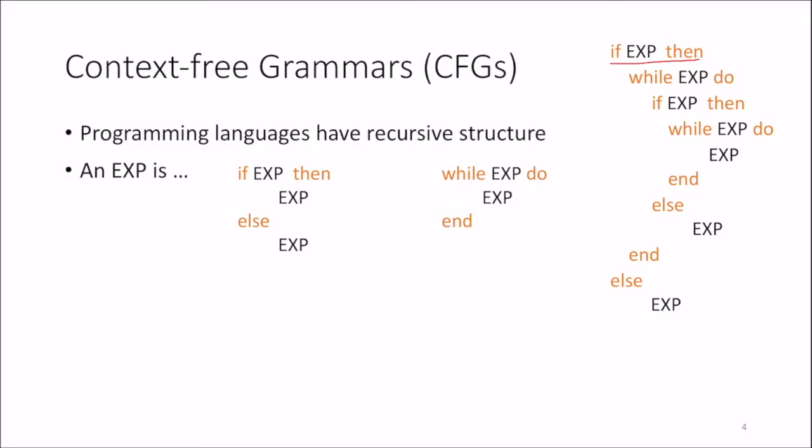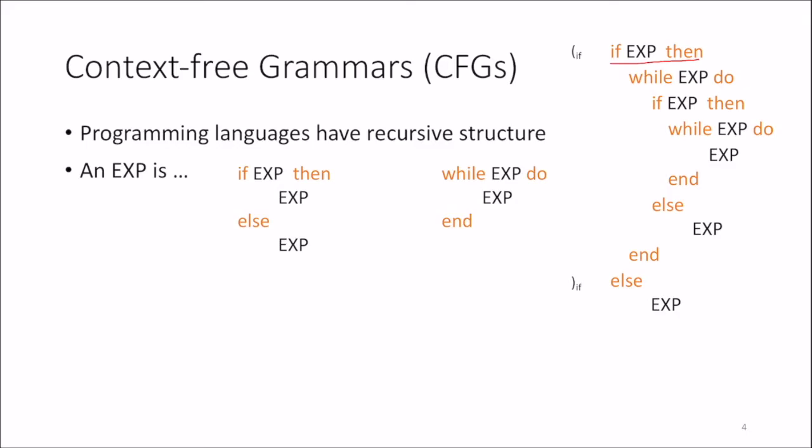And this is perfectly legal in modern programming languages, right? You might need to do an if statement and then do a while statement inside it and so on. So when you observe this kind of nesting structure, you can abstract away from the specific reserved words like if and while, and just think of them as parentheses.